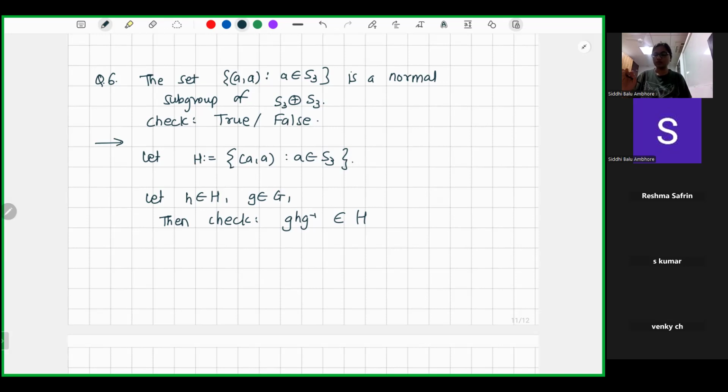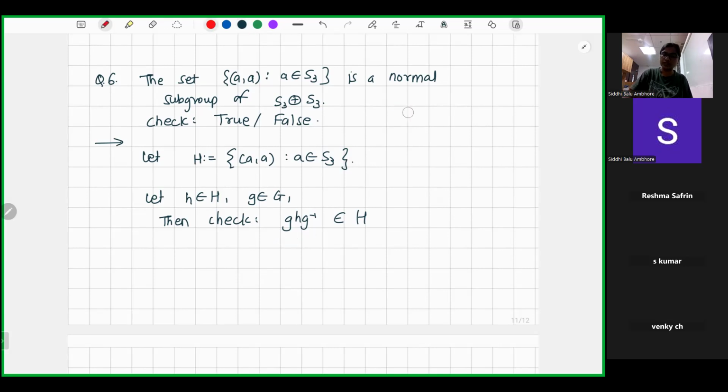So can we wisely choose two elements from H and G such that when I multiply, I do not get some element in H? Okay, so this is not true. This statement is not true.